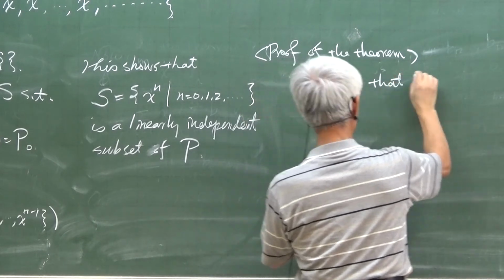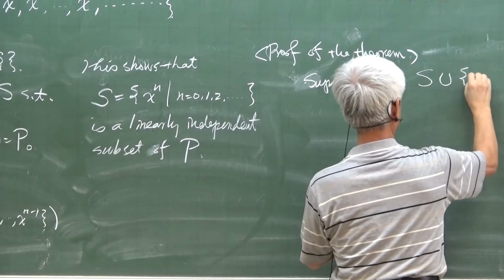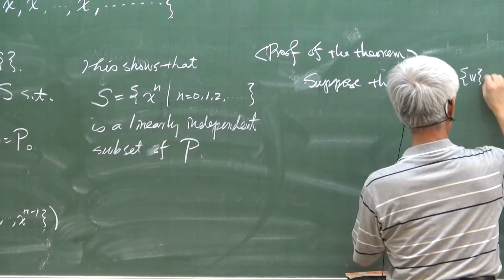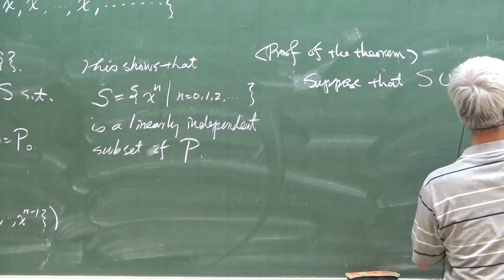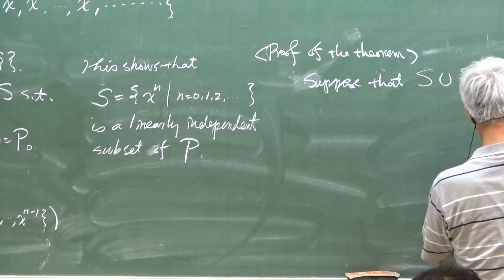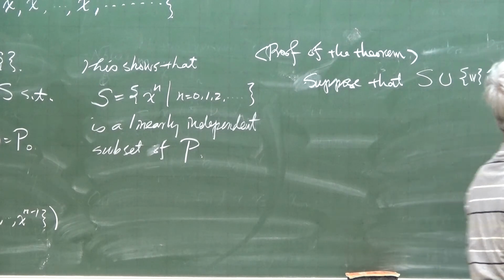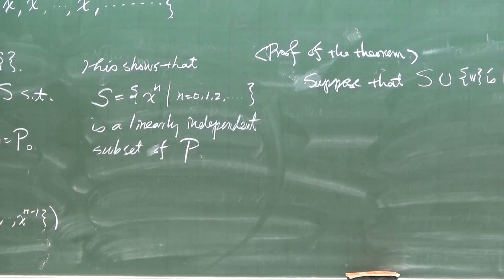Suppose that S union V is linearly dependent.